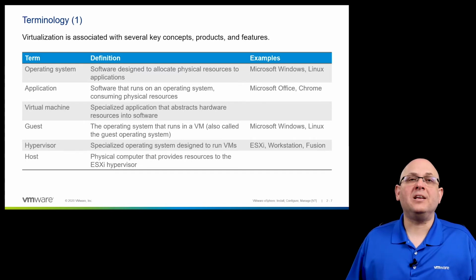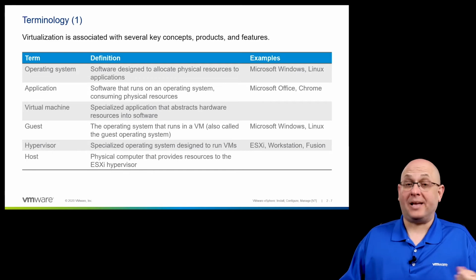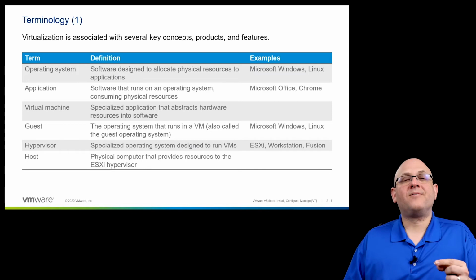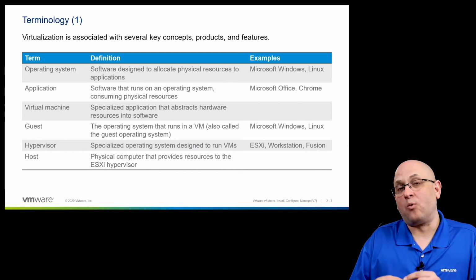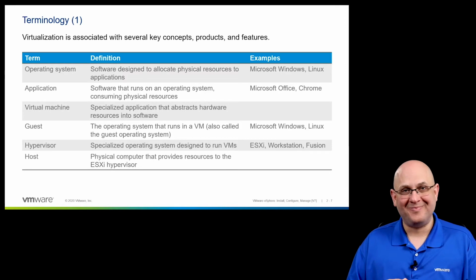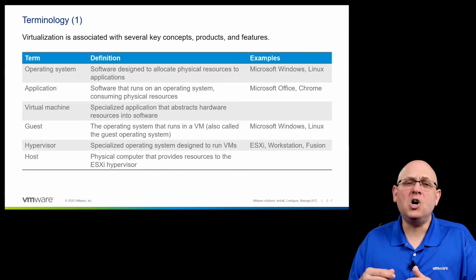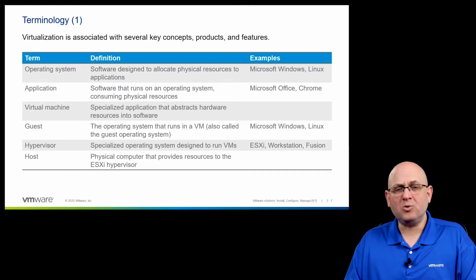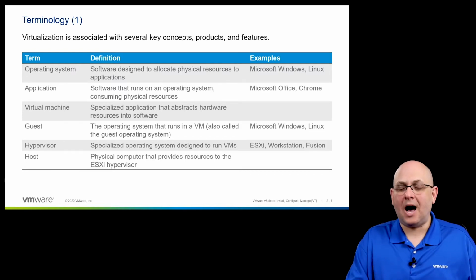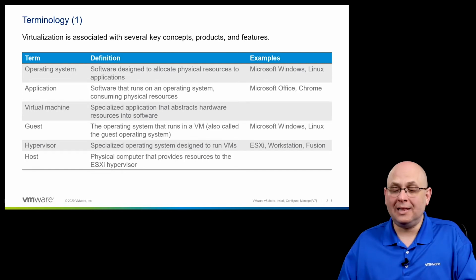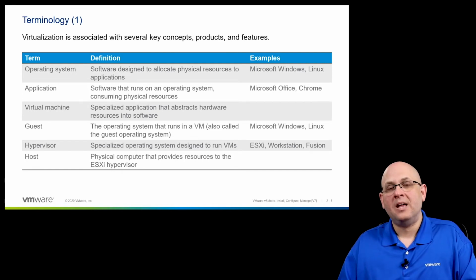A virtual machine is an application. Applications run on operating systems, right? And in this case, the virtual machine is an application that runs a guest operating system. Oh, so it's a special type of application. Okay, so the virtual machine runs a guest operating system. A guest operating system like Windows or Linux.